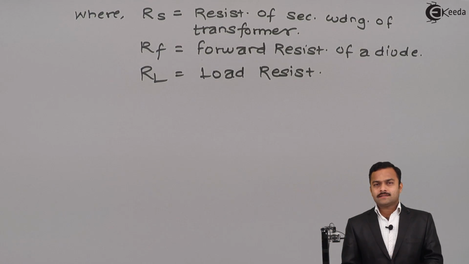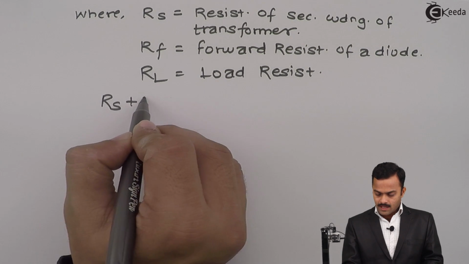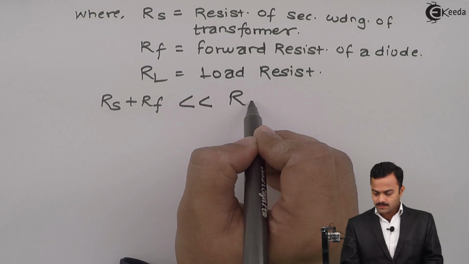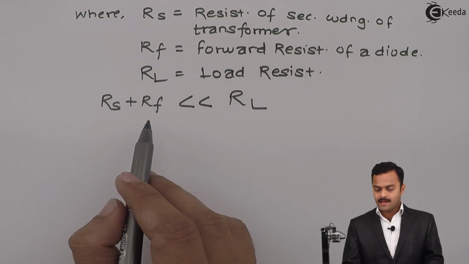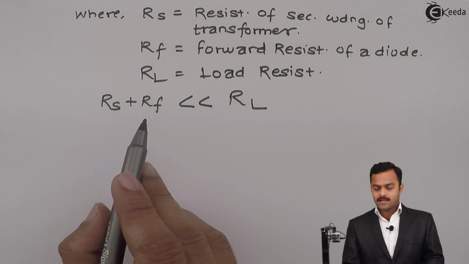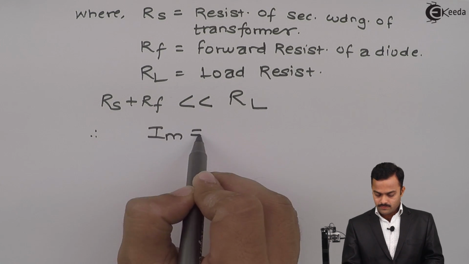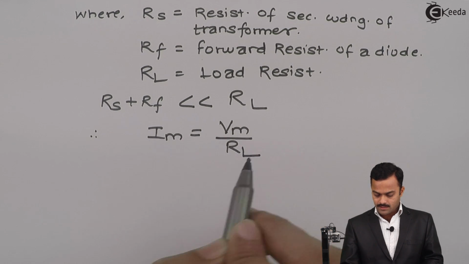So if I compare these values, I will come to know Rs and Rf together is very less than RL. So I can neglect Rs and Rf. So if I do that, I will get Im equal to Vm upon RL.